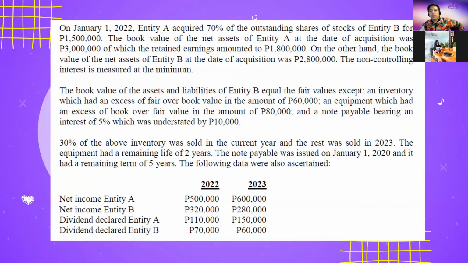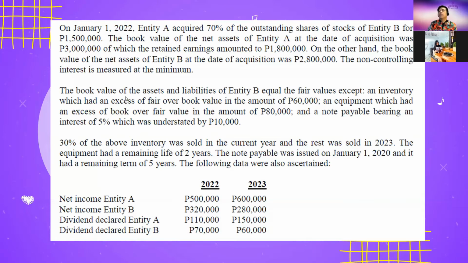Napag-usapan natin previously, non-controlling interest can be measured either by fair value method, or full goodwill method, or partial goodwill method, or proportionate share. So, in here, ang sinabi kasi dito, it is measured at the minimum. Ano ba yung minimum? So, well, pag ganito yung wordings in the problem, it goes without saying that this is proportionate share. So, meaning this represents 30%.